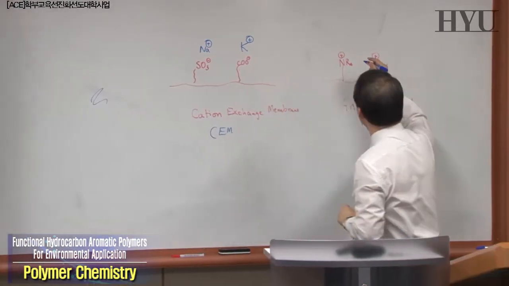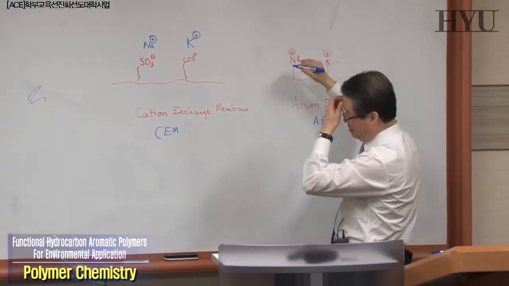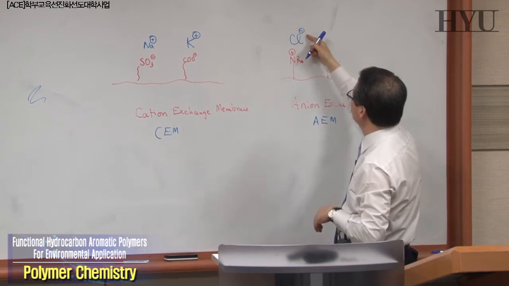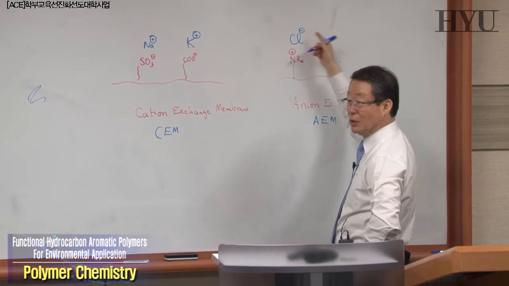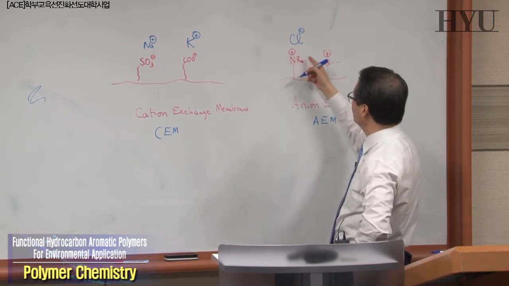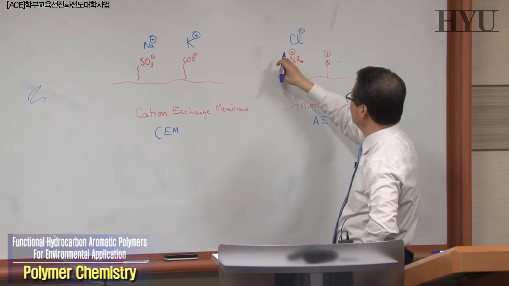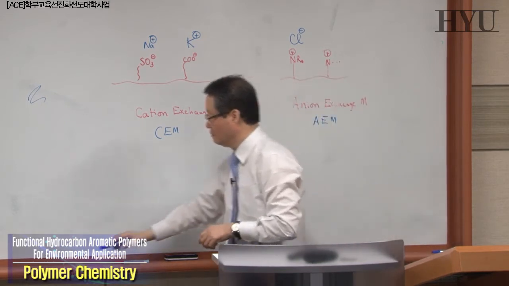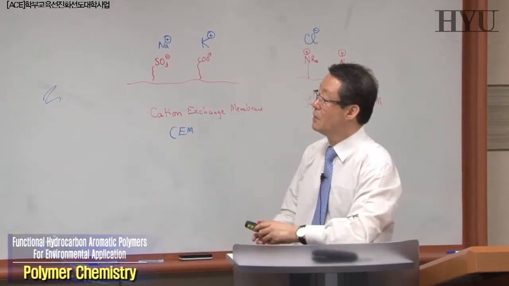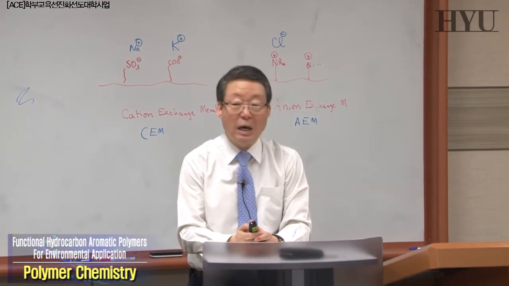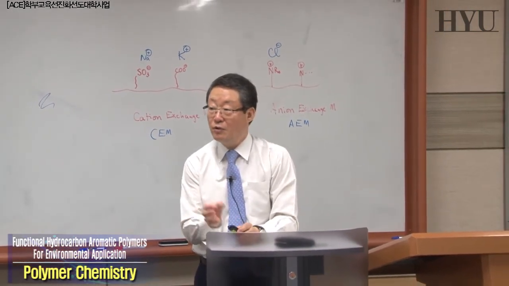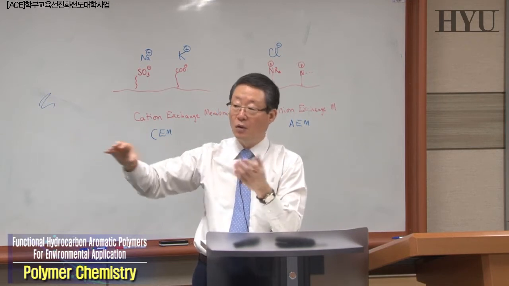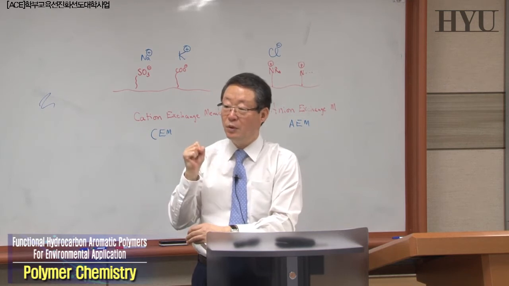In the other case, the anion will be exchanged because you have a positively charged cation attached here. So we have our ion exchange membrane or ion exchange resin. You can make the film form, which we call a membrane, or if it's a particle, we call that a resin.